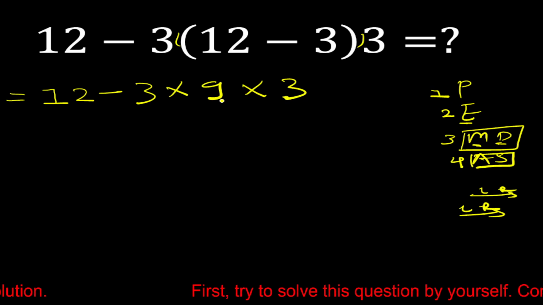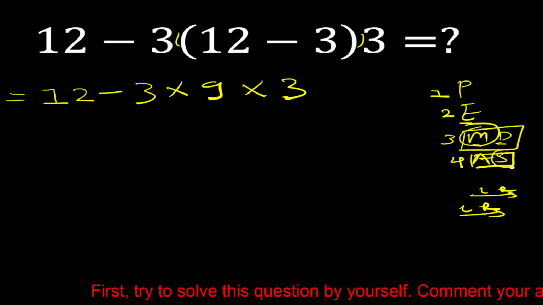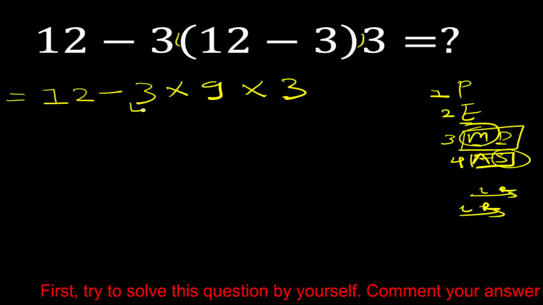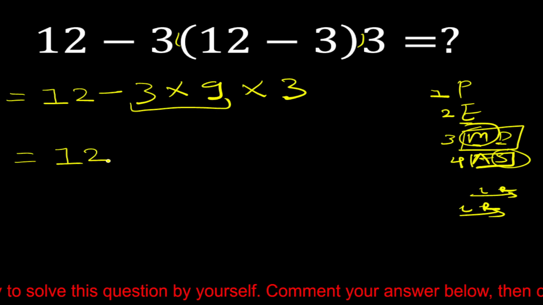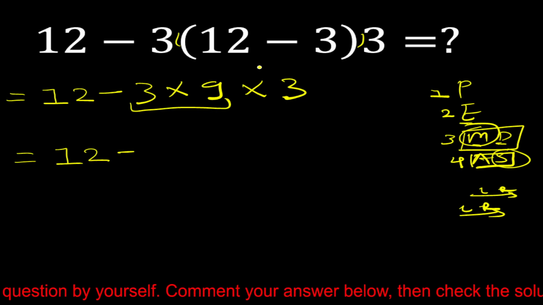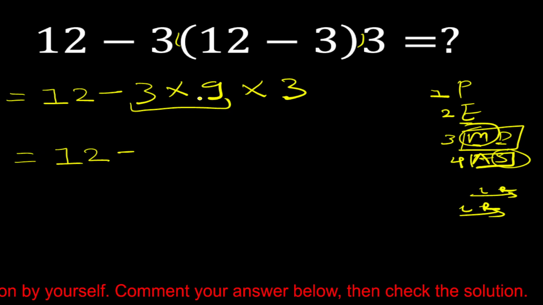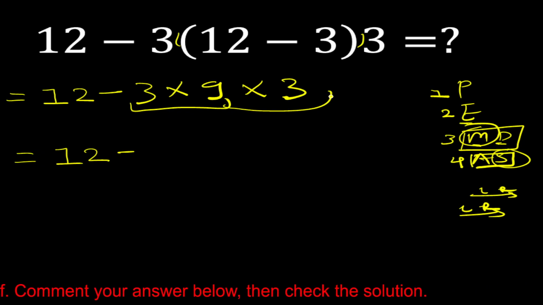Now according to the PEMDAS rule, first priority is multiplication. Then we have to solve subtraction. Okay. So first we have to multiply this. So 12 minus 9 multiplied 3 is equal to 27. Then again 27 multiply 3. Okay.